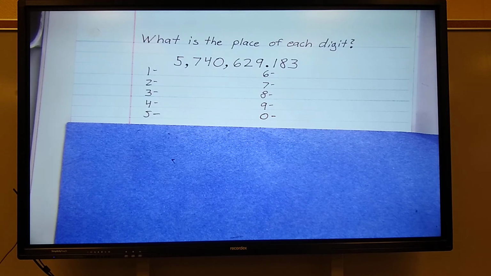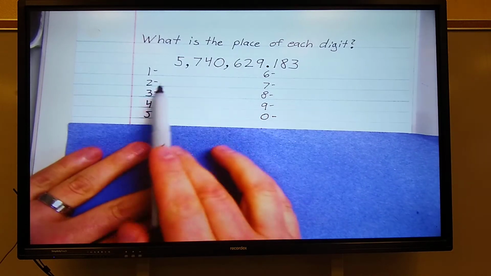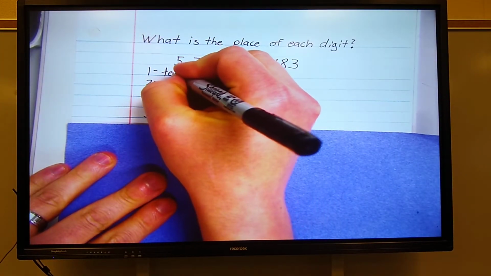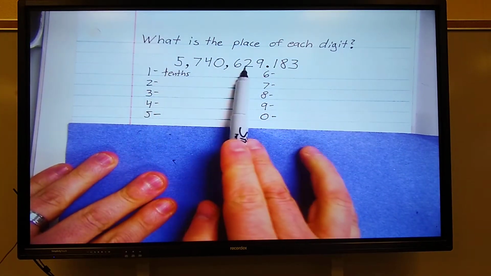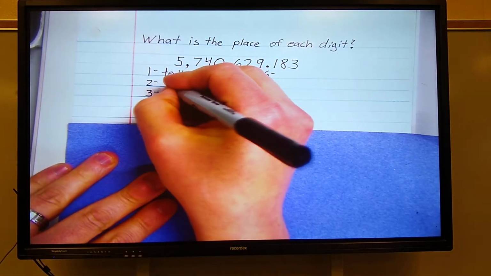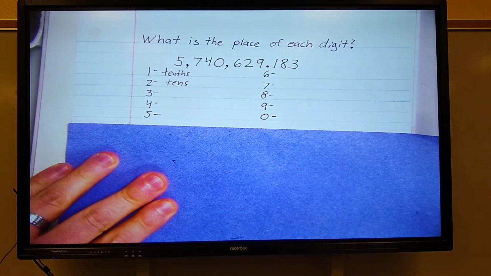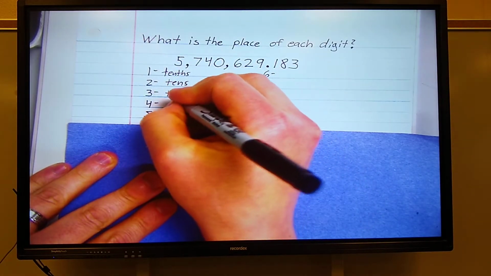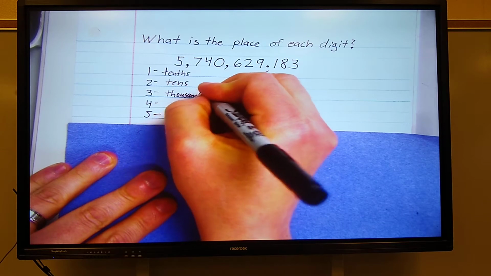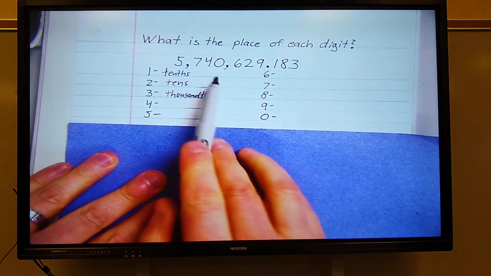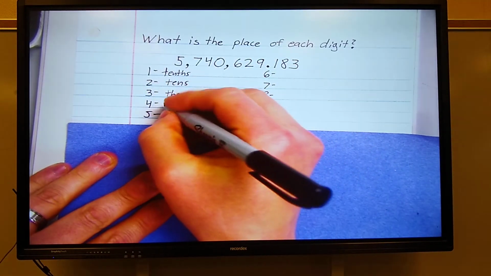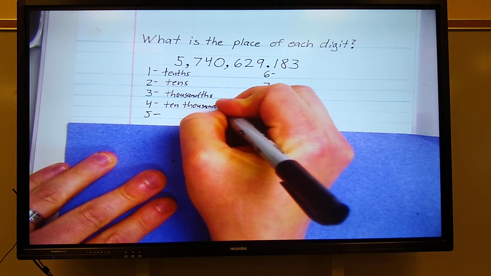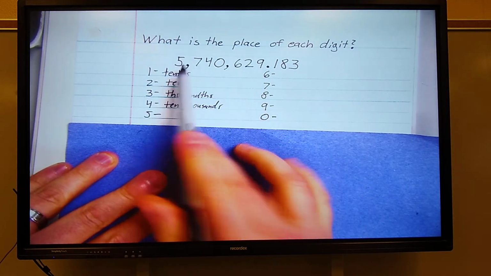All right, let's see how bad you did. Number one, that is the tenths place. Number two, that is the tens place. Number three, that is the thousands place. Number four, that is the 10,000s place. Number five, that is the millions.